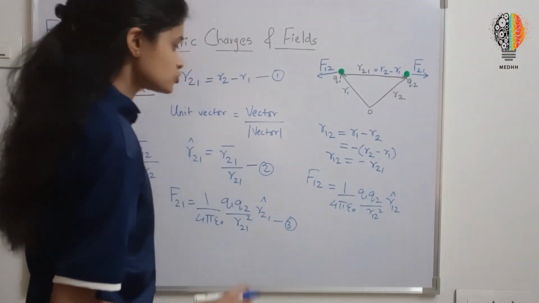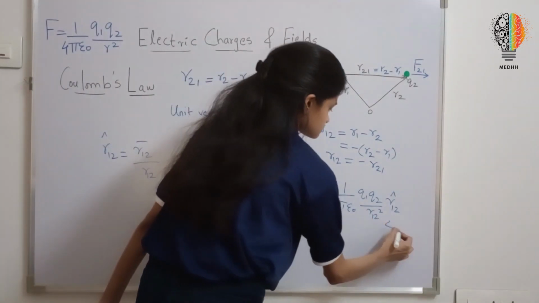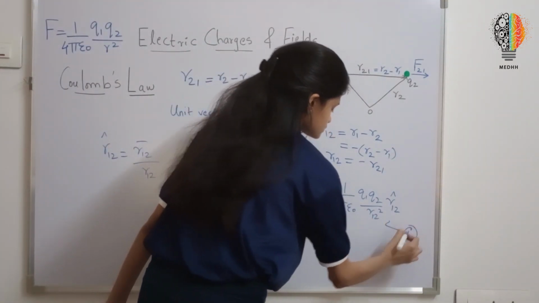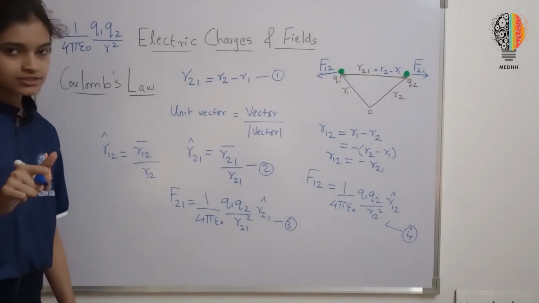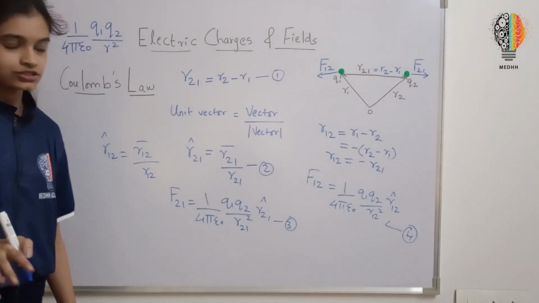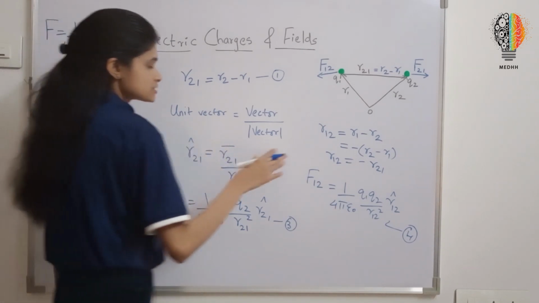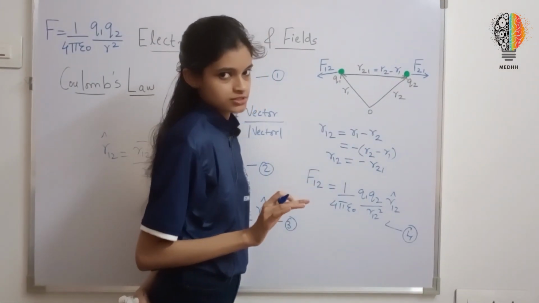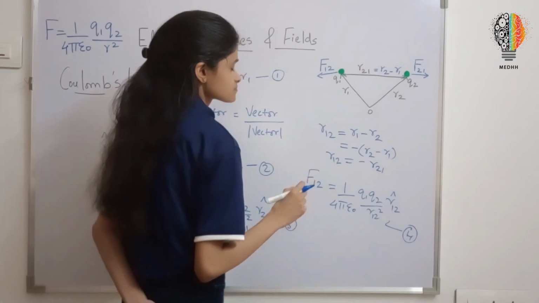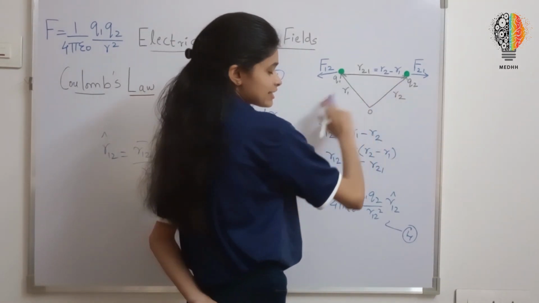So we know that there are two kinds of charges. One is like charges and another one is unlike charges. So let's consider the case that Q1 and Q2 are like charges. So for like charges, what will happen?